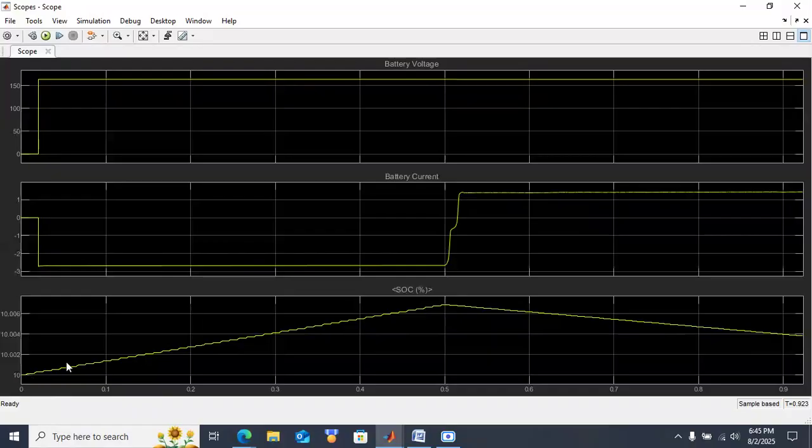Here it increases to 10.002, 10.004, 10.006, and after 0.5 seconds the grid is disconnected, so the battery has to provide the supply to the AC load. So the battery state of charge decreases because the battery is discharging.